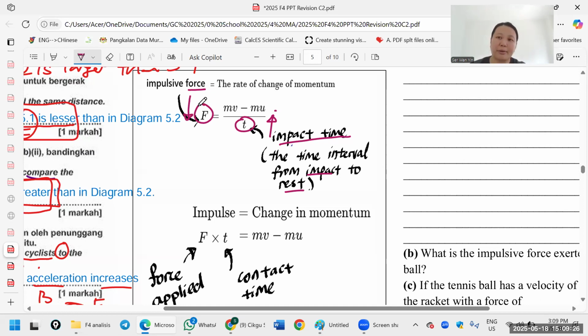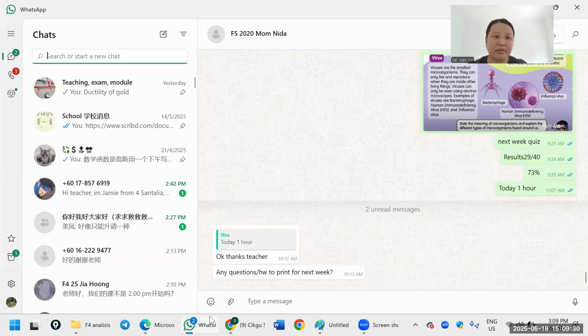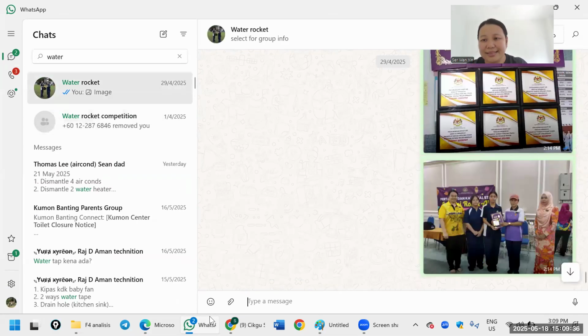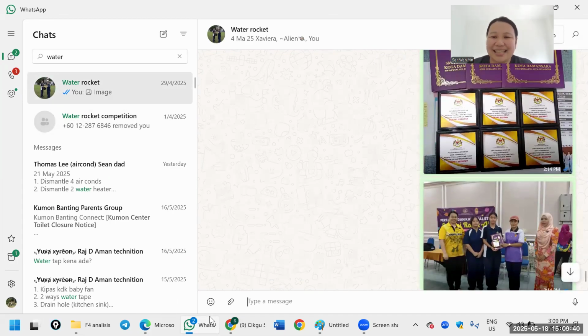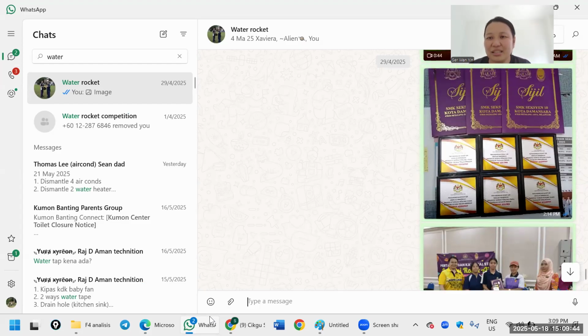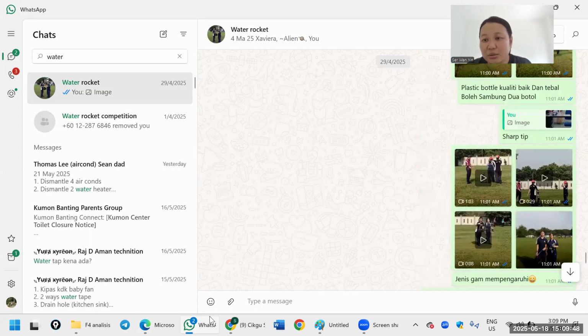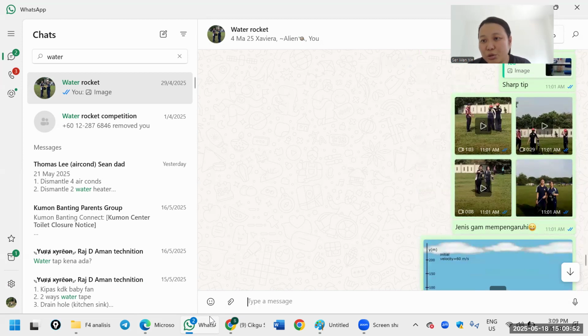Then I would like to show you something from the water rocket. Thanks to Novia and Xavier. This is our honors. I just want to show what is called a parachute one.